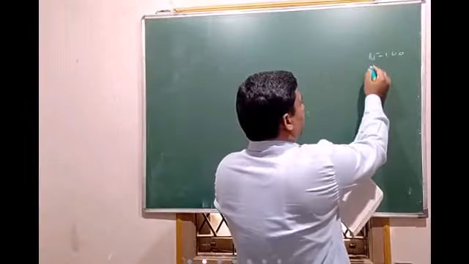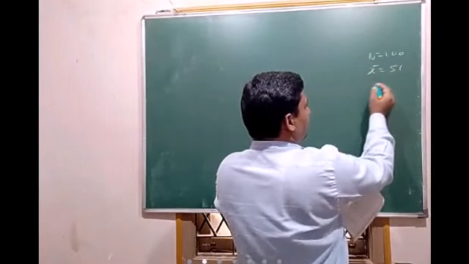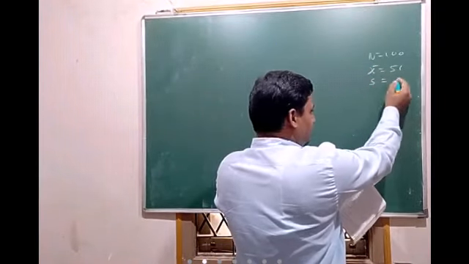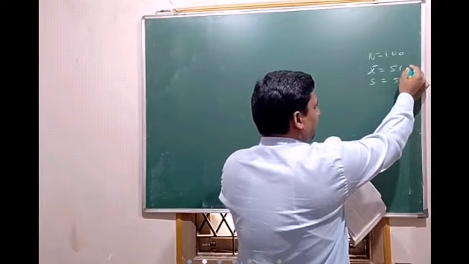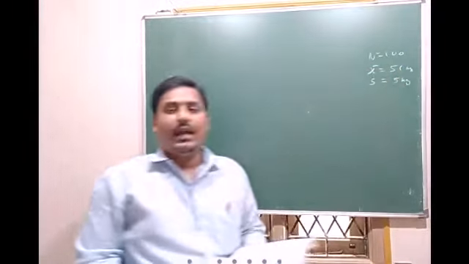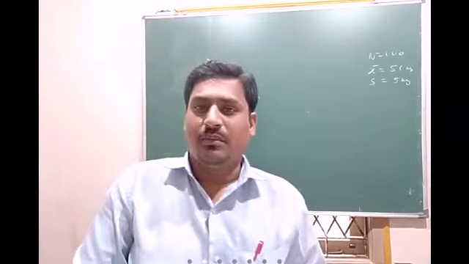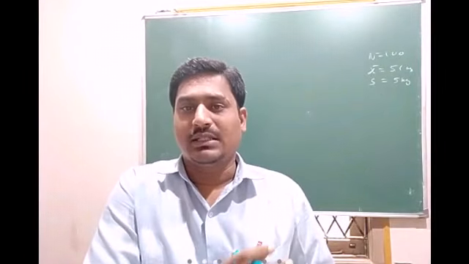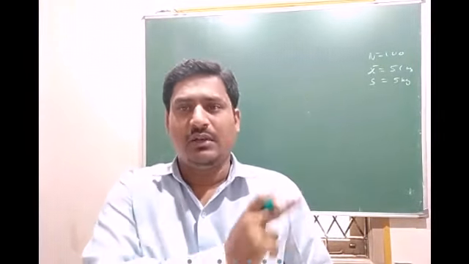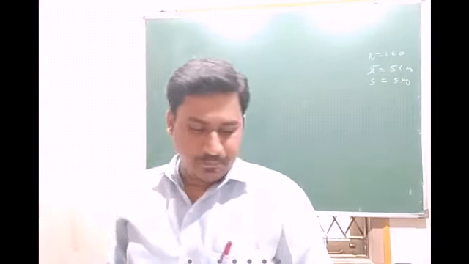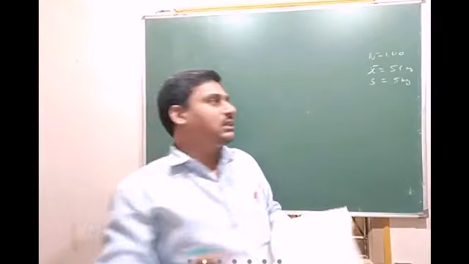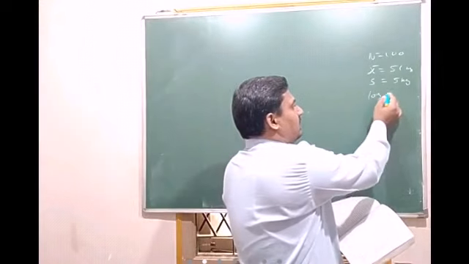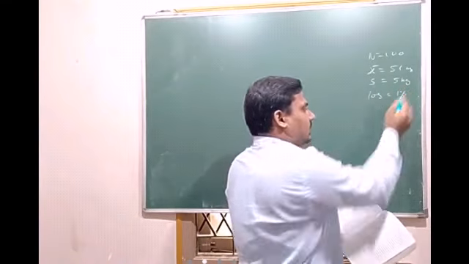So mean x bar is equal to 51 kg and standard deviation is equal to 5 kg. So here the mean and standard deviation are taken from the samples. Now test at 1% level of significance. Level of significance is 1%.